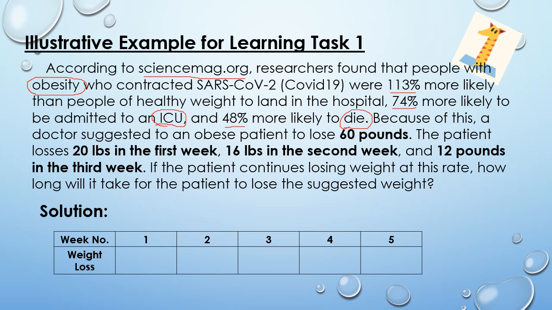Ngayon, dahil dyan, sabi ng doktor sa isang pasyente na dapat mag-lose siya or magbawas siya ng 60 pounds sa kanyang timbang. The patient loses 20 pounds sa unang linggo, 20 pounds yung nawala sa kanya.